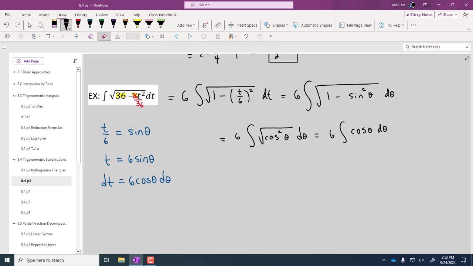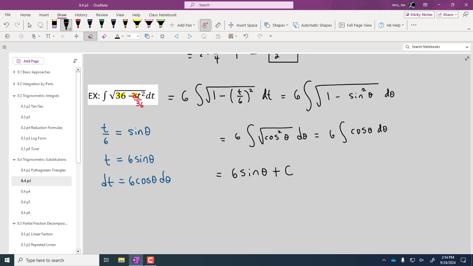And then what's the integral of cosine? Negative sine plus c. Wait, negative or positive? Positive, thank you.